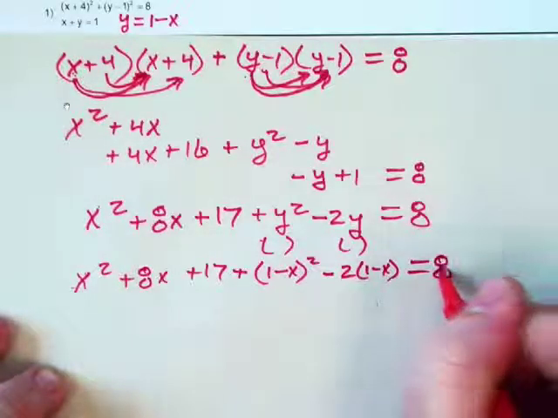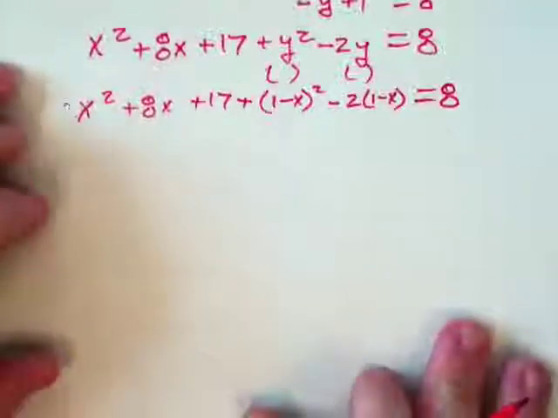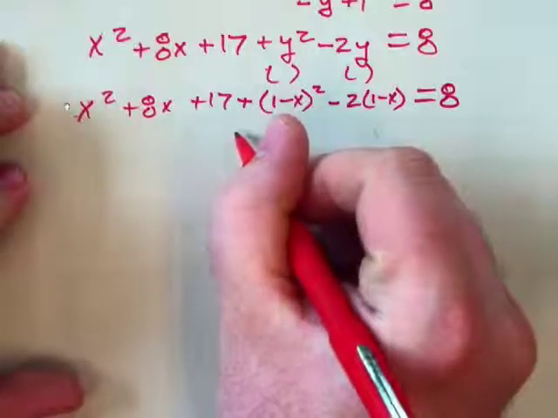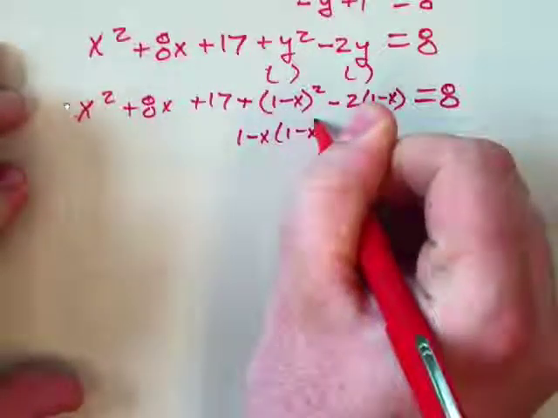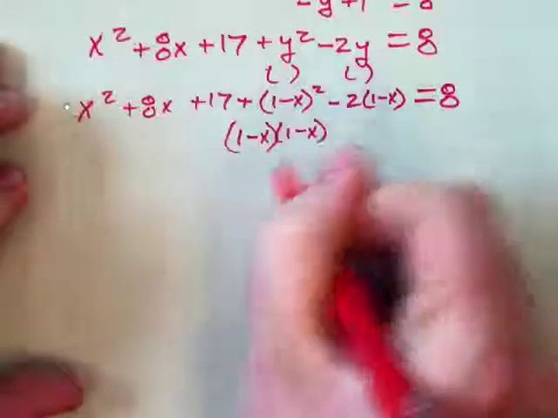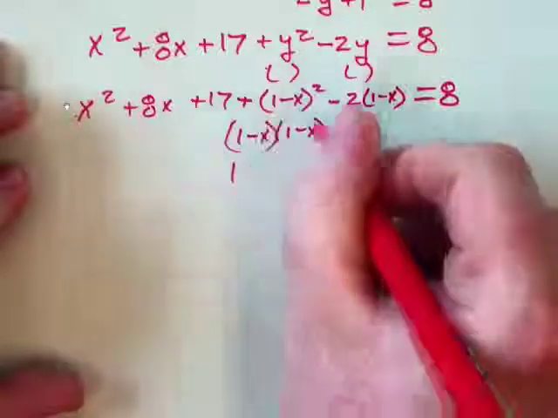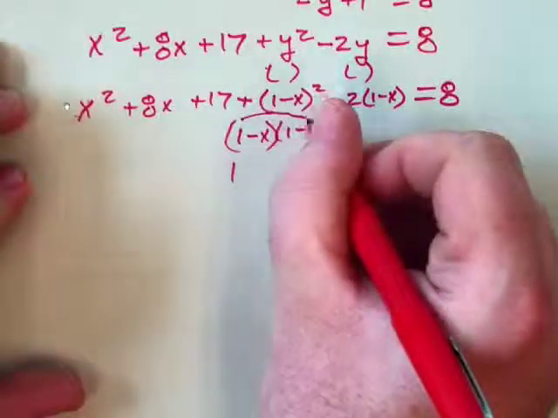equals 8. Now if we try to simplify that down, we can FOIL this out, and we get 1 minus x times 1 minus x. 1 times 1 is 1. Negative x times 1, so we're FOILing, right?